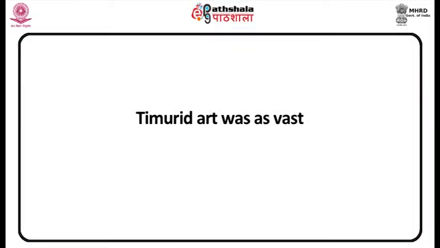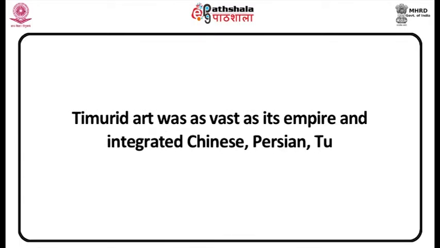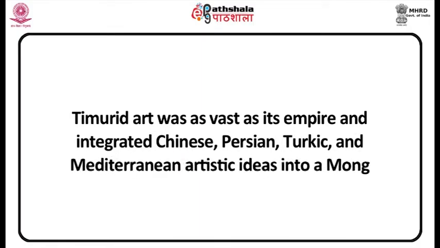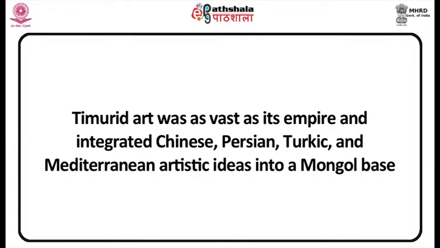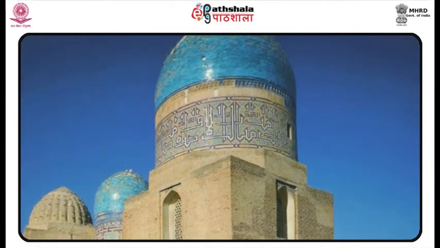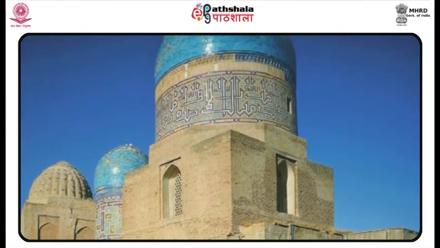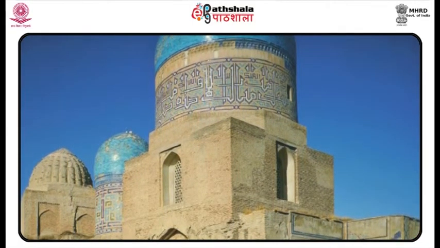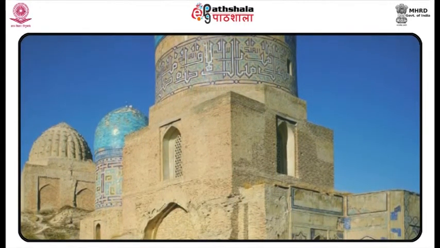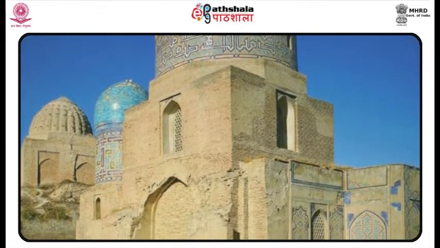Timurid art was as vast as its empire and integrated Chinese, Persian, Turkic and Mediterranean artistic ideas into a Mongol base. Its architecture is characterized by axial symmetry, tall, double-shelled domes, an inner dome capped by an outer shell, and keel-profiled niches.